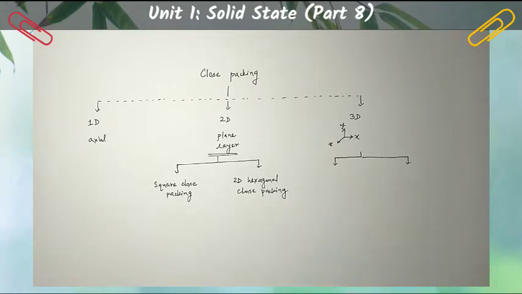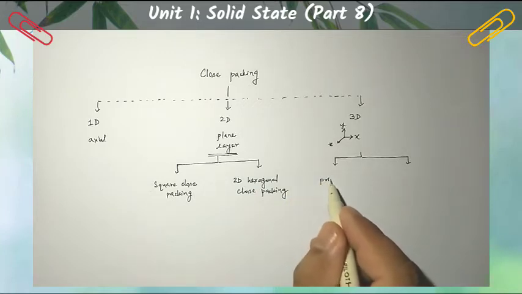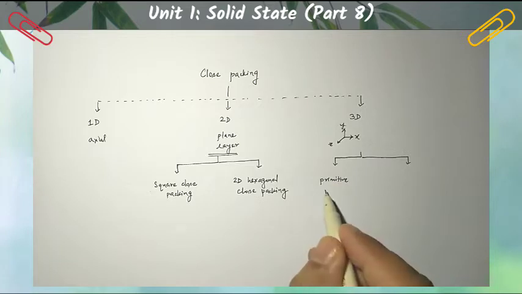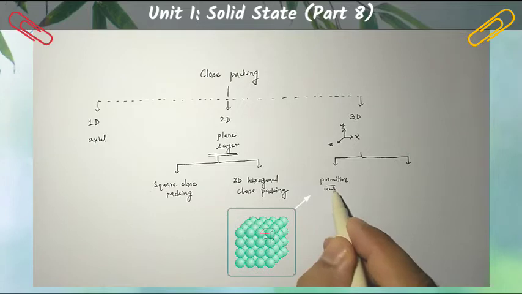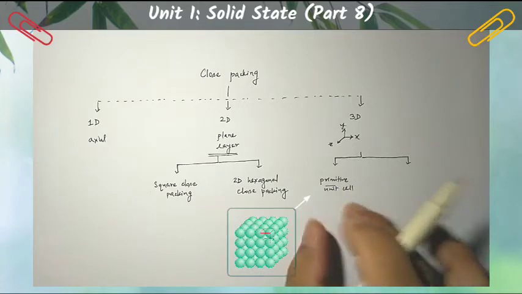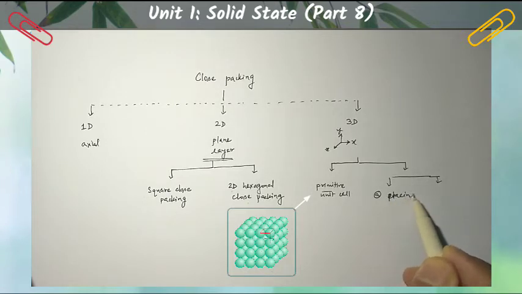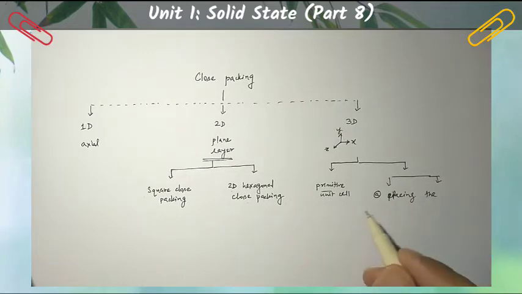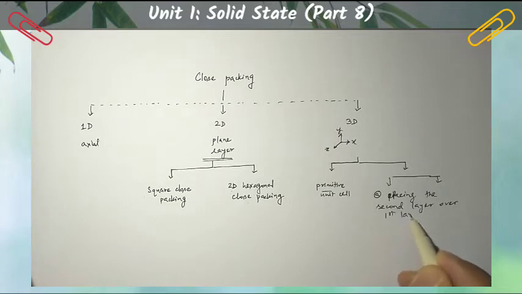Then it will give you that simple or primitive type of unit cell structure or close packing. Now the other case is obtained by placing the second layer over the first layer.